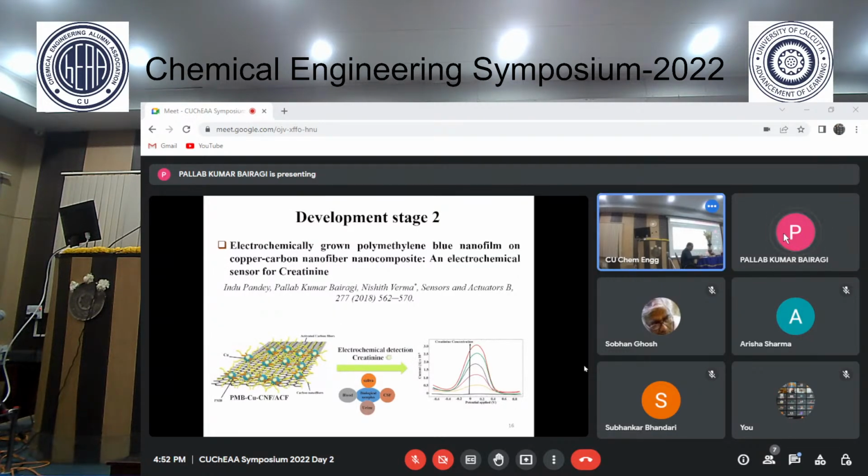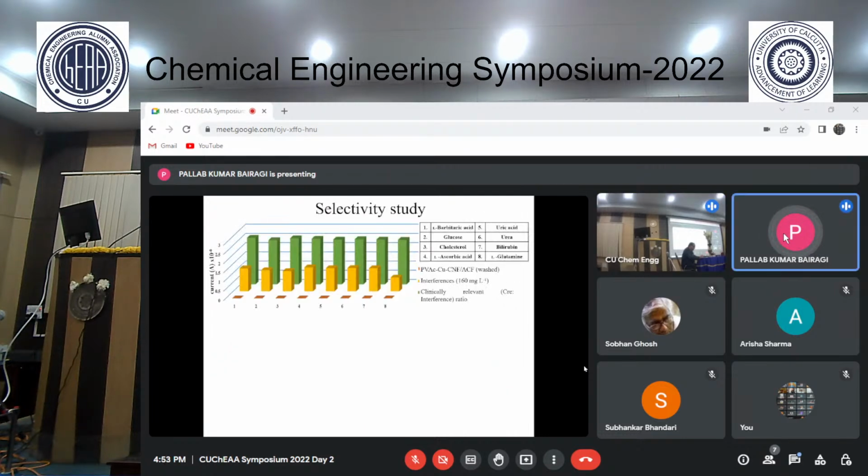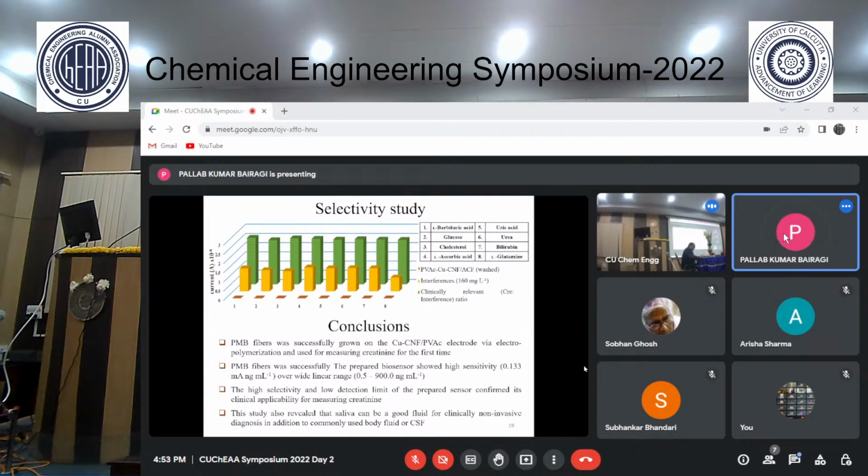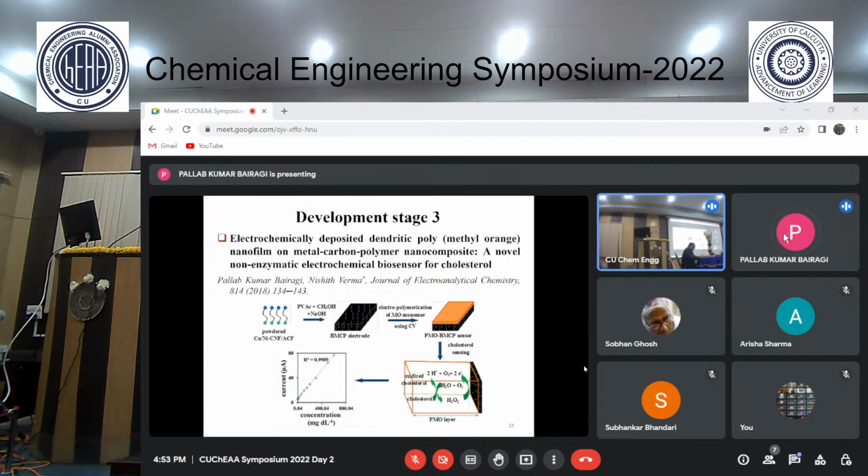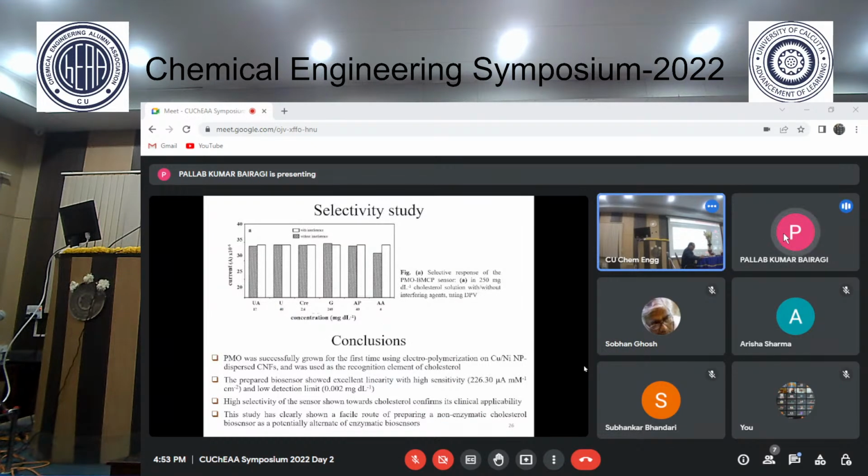Similarly, the selectivity and electrochemical performance of polymethylene blue towards the creatinine measurement was checked, and it was observed that the material is highly selective towards creatinine. And similarly, polymethyl orange was developed and tested for measuring cholesterol electrochemically, and it was observed that the material is highly selective towards cholesterol.